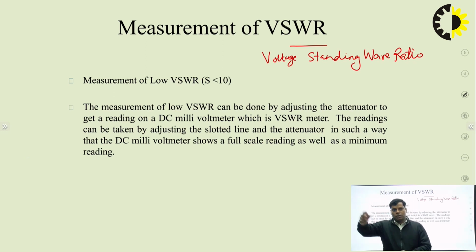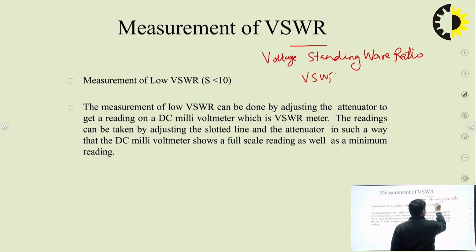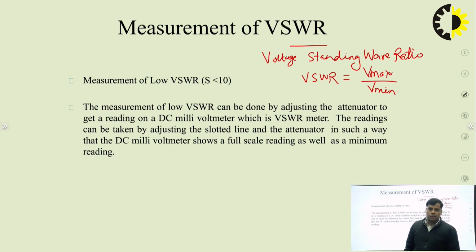One is incoming and one is reflecting back, so the waves look like a standing wave, where the waves have a maximum amplitude and a minimum amplitude of voltage. So VSWR is the ratio of V max to V min, and its range lies from 1 to infinity.